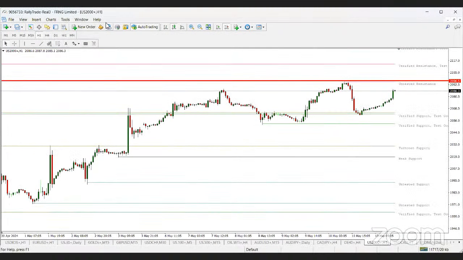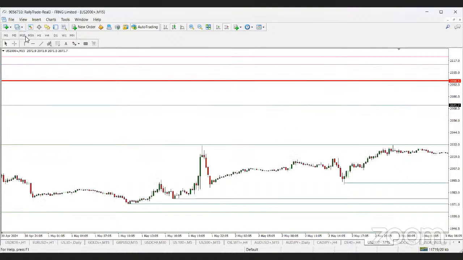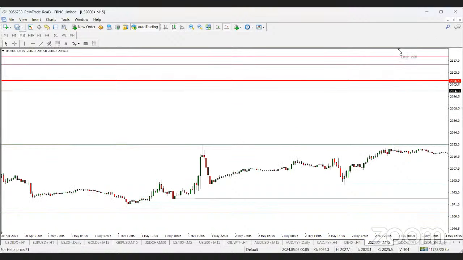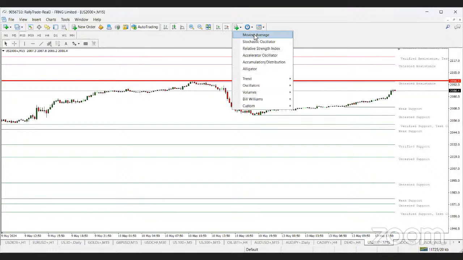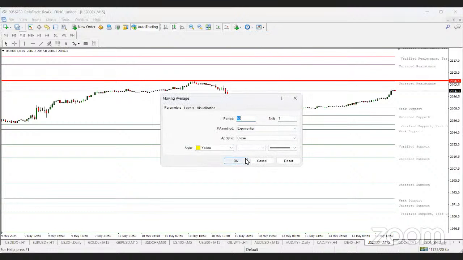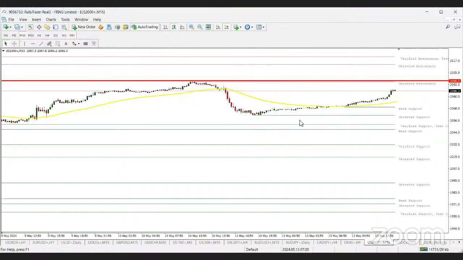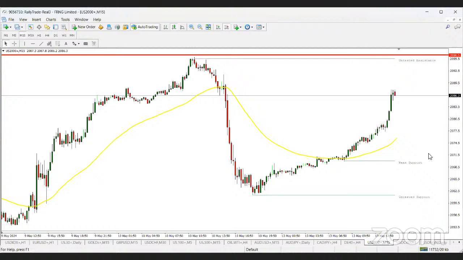I'm very sure that if you were even using your 15 period moving average strategy, you would have made very good profit from US 2000 from the beginning of this move, when we got two consecutive bullish candles.